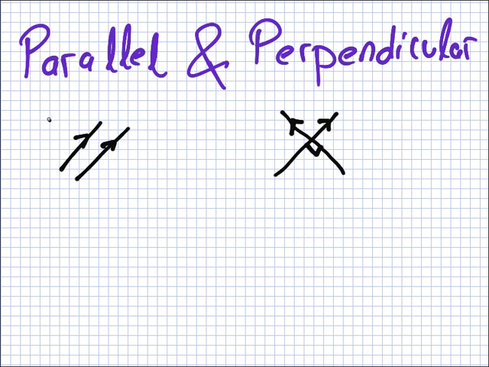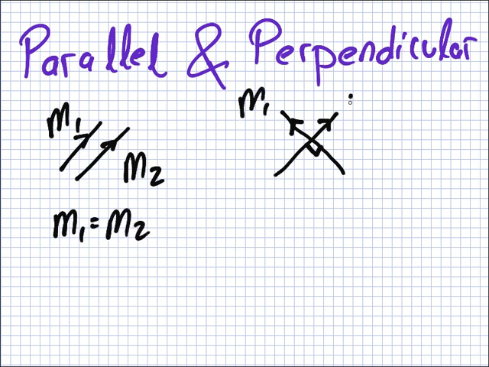Now, if this is slope m1 and this is slope m2, what's the relationship between the slopes? They're the same, aren't they? Yeah, m1 equals m2. And if this is m1 and this is m2, as an equation, what's the relationship? There's a shorter way to write it.